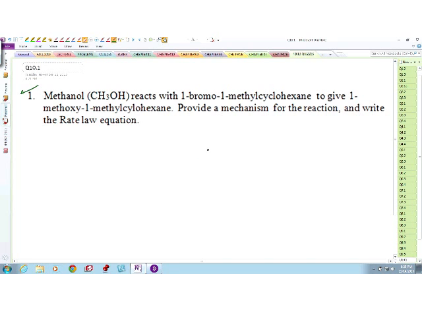In this particular instance, you have been given 1-bromo-1-methylcyclohexane, and that will react with methanol to give 1-methoxy-1-methylcyclohexane. So let us start by writing the structures of the starting material and the product, and then the reagent. 1-bromo-1-methylcyclohexane, so that would be this here.